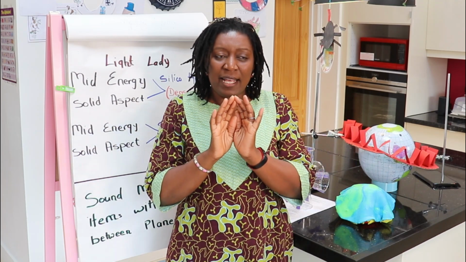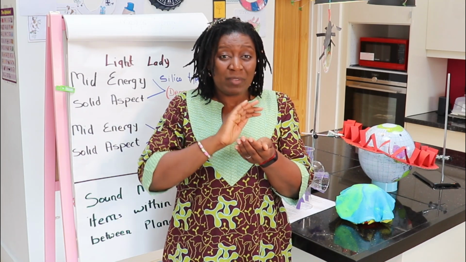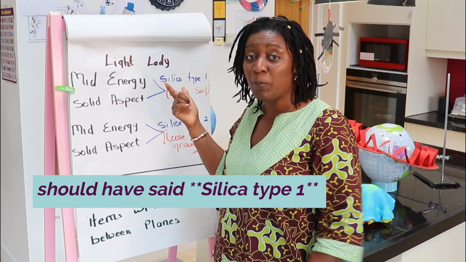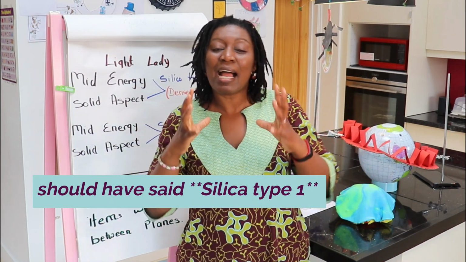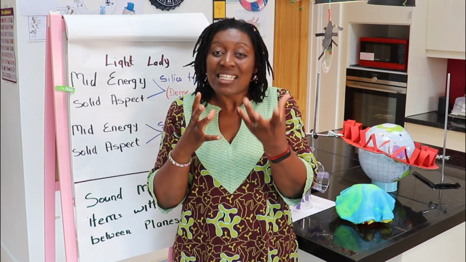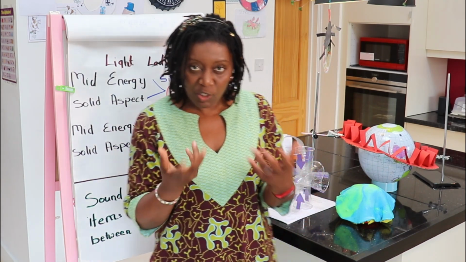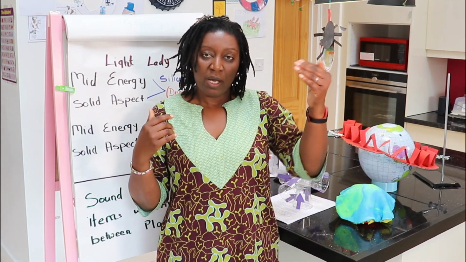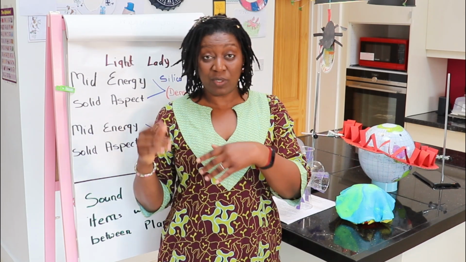So the surface of the moon is silica, what I call silica type 2, that's been heat treated to form a glassy type material, which is both refractive and reflective. So it reflects light out, but it also bends light into the moon itself.